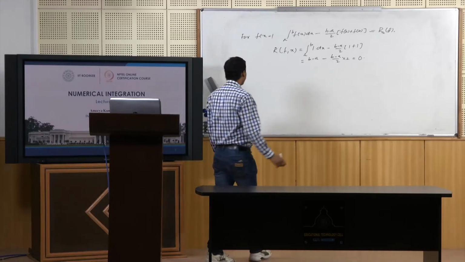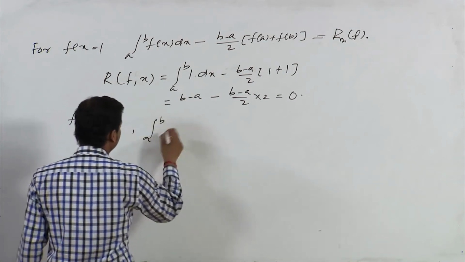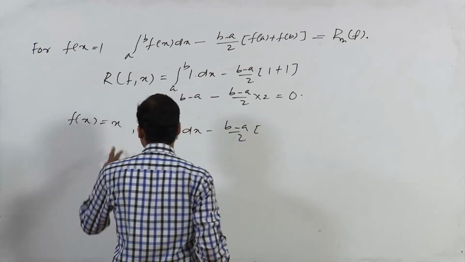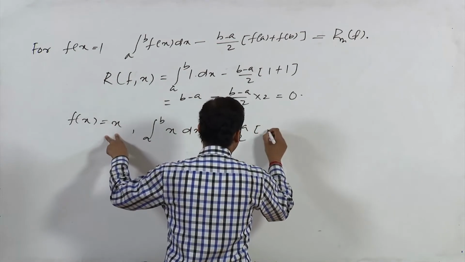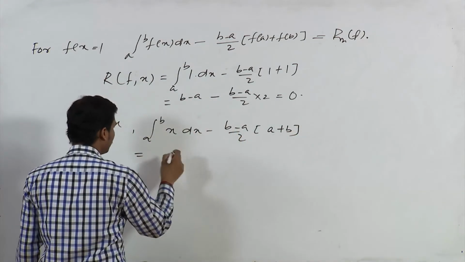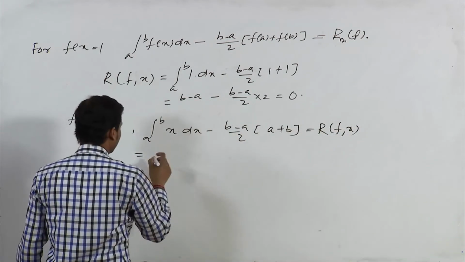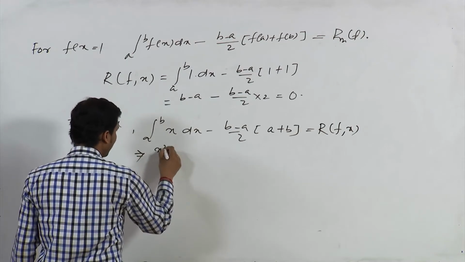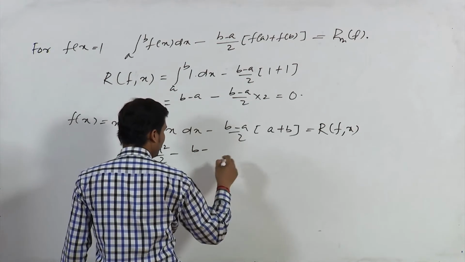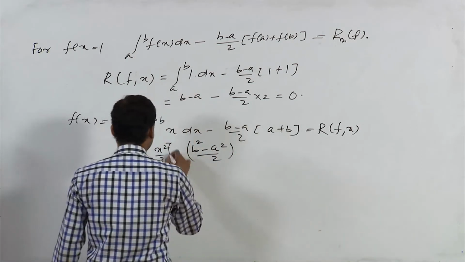Similarly, if we go for f(x) equals x, then we can express the integral from a to b of x dx minus (b minus a) by 2, with f(a) equals a and f(b) equals b. Evaluating R(f(x)), this can be written as x square by 2 minus (a plus b) into (b minus a), so b square minus a square by 2, with the range a to b.